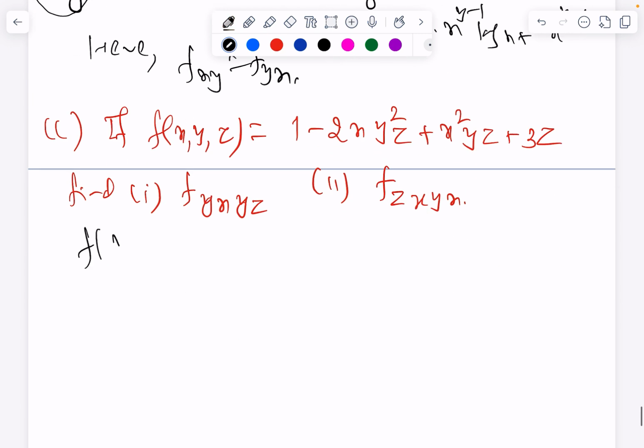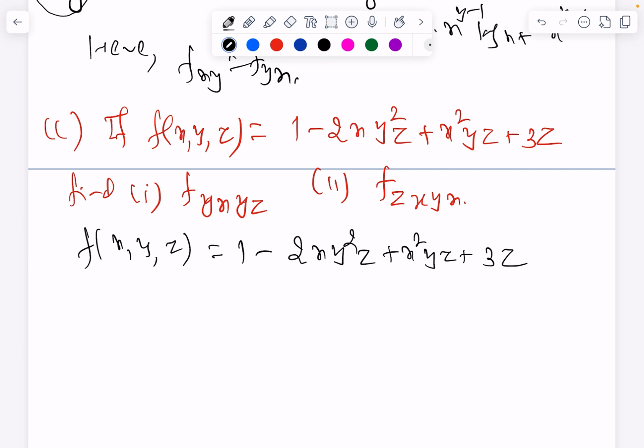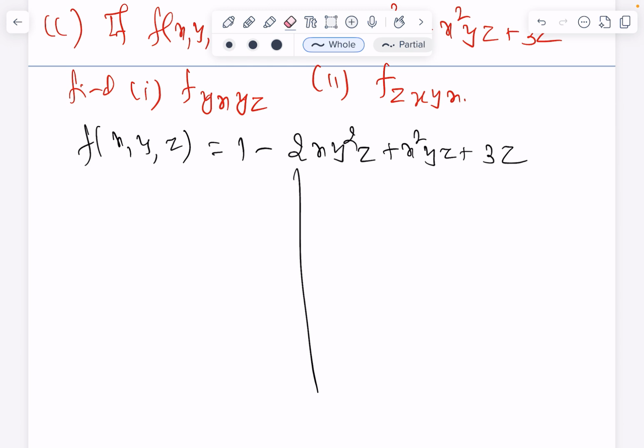So here we have f of x y z equal to 1 minus 2 x y square z plus x square y z plus 3z. Let us find this one.